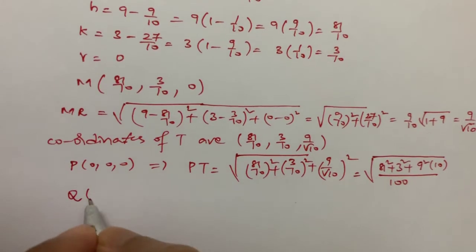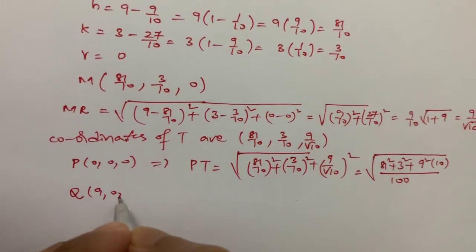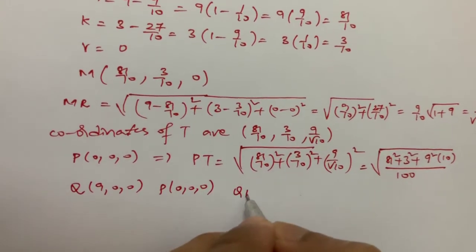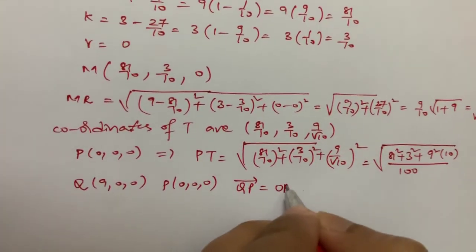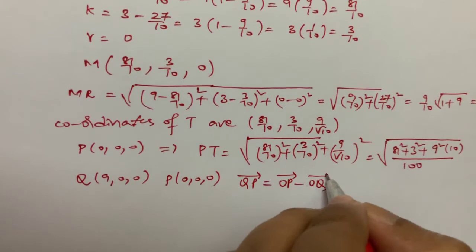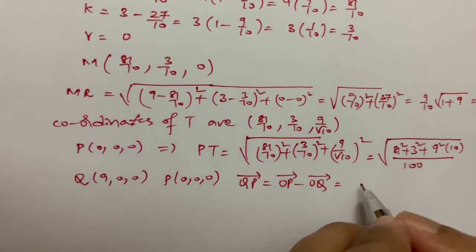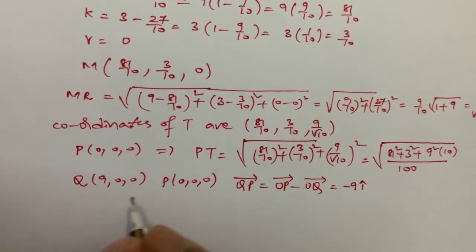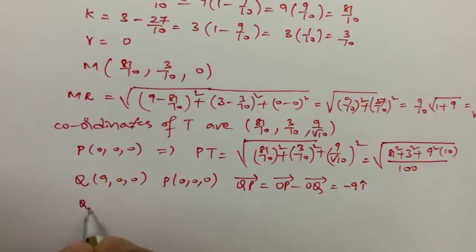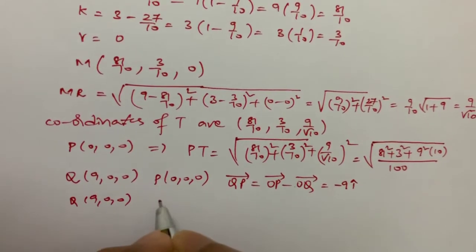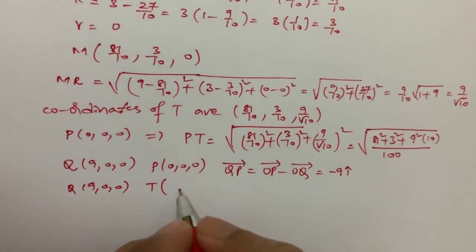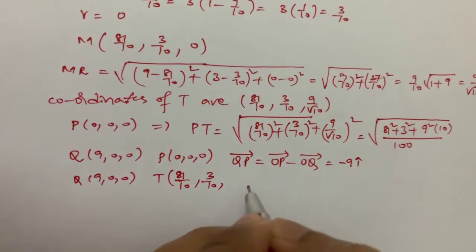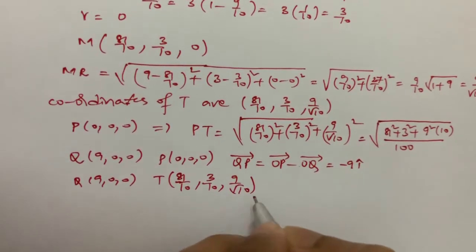Q is 9, 0, 0, P is 0, 0, 0. So QP bar is equal to OP bar minus OQ bar, which is minus 9i. Considering i, j, k, Q is again 9, 0, 0 and T is 81 by 10, 3 by 10, 9 by root 10.